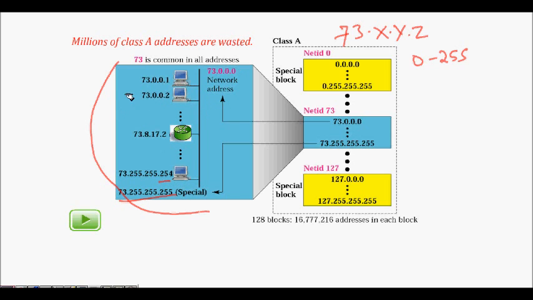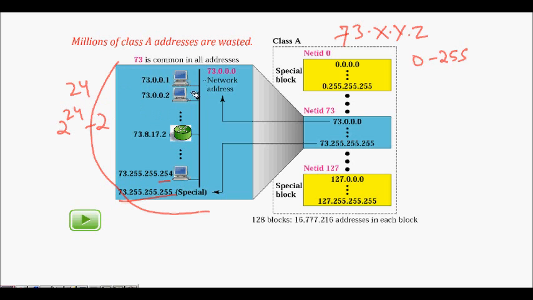So now you can see that we have 24 bits for host ID, so 2 to the power of 24 hosts I can have, but two addresses we remove because 0.0.0 has special meaning and .255.255.255 also has special meaning of broadcast address, okay. So we don't use them for host IDs.